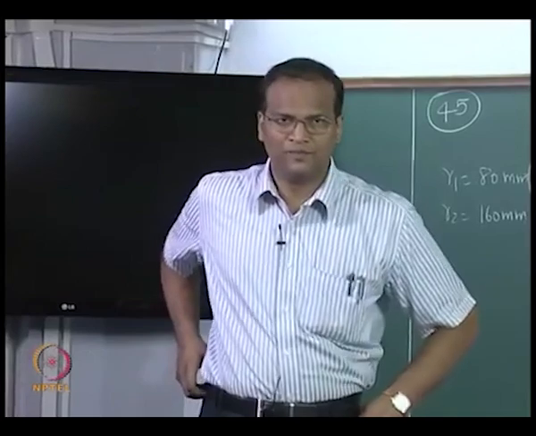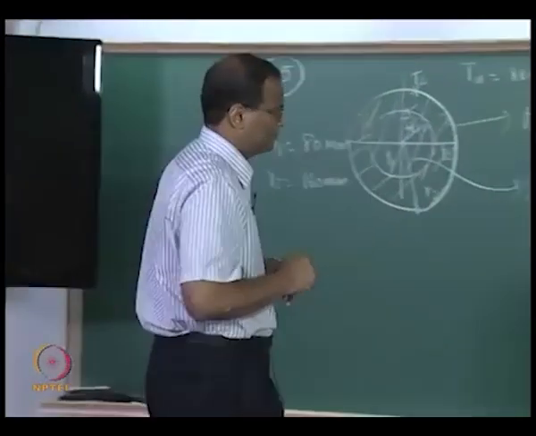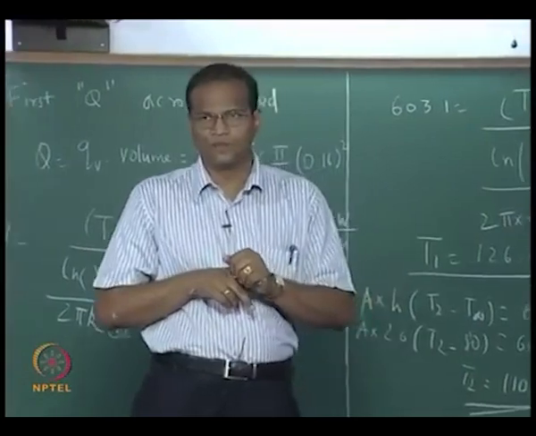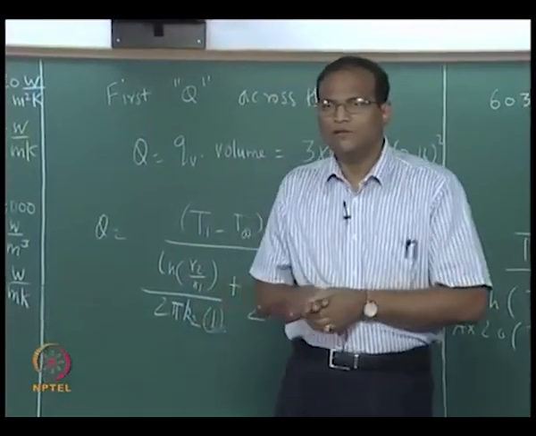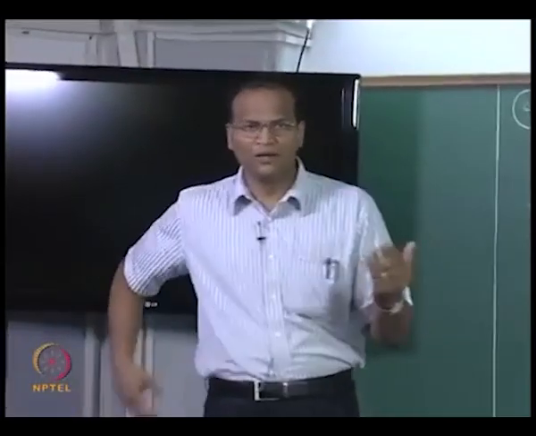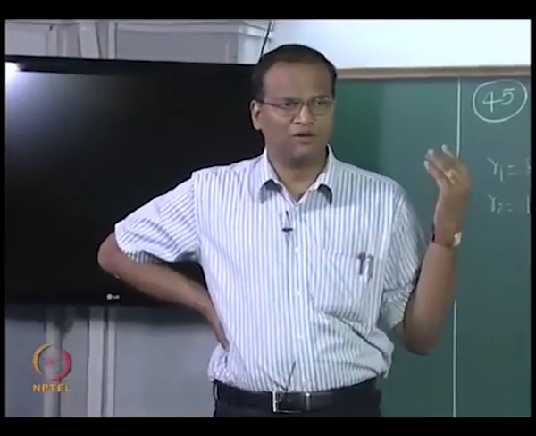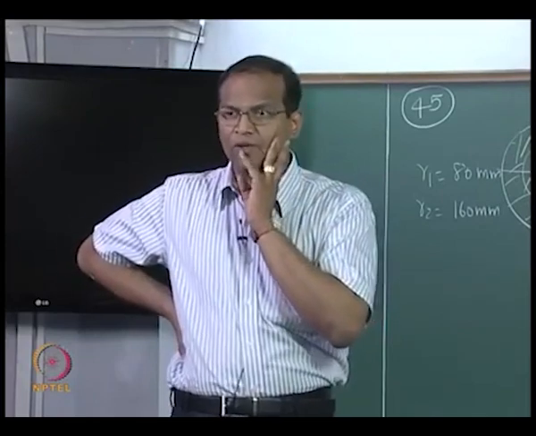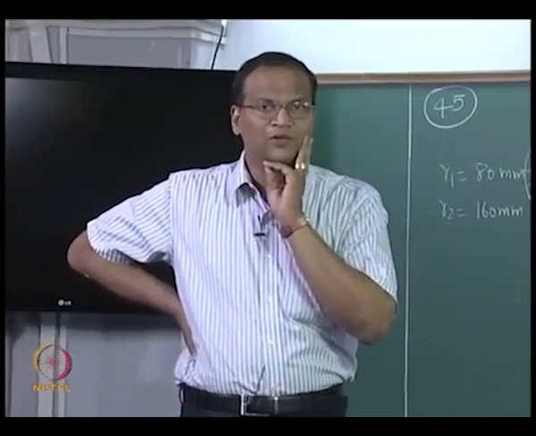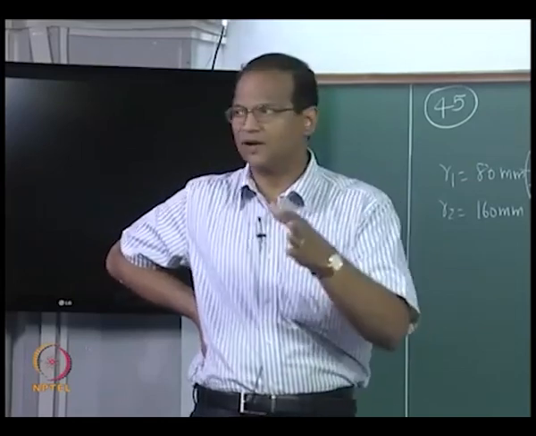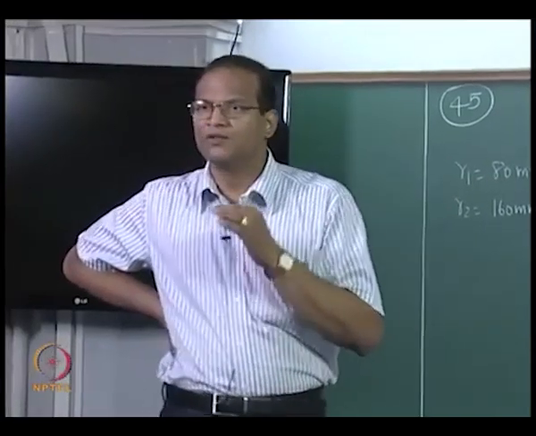If you have to solve the equation and solve individually for the inside, outside and all, that will be much more difficult, much more involved. It is a very intelligent way of solving it, that is using the electrical resistance network. So the resistance network we are able to use even in a problem where there is heat generation, because from the heat generation we are able to calculate the heat flux or the heat transfer rate and proceed further.